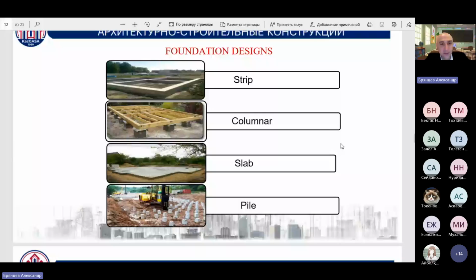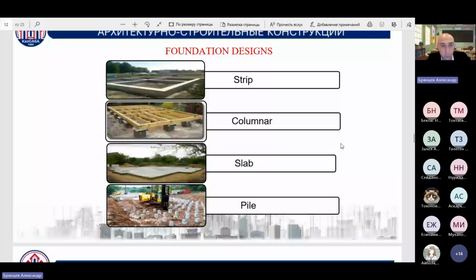First one is a strip foundation. I told you that the strip foundation is a continuous reinforced concrete beam located beneath the bearing walls. Slab foundation is also reinforced concrete covering the whole building, located under the whole building.